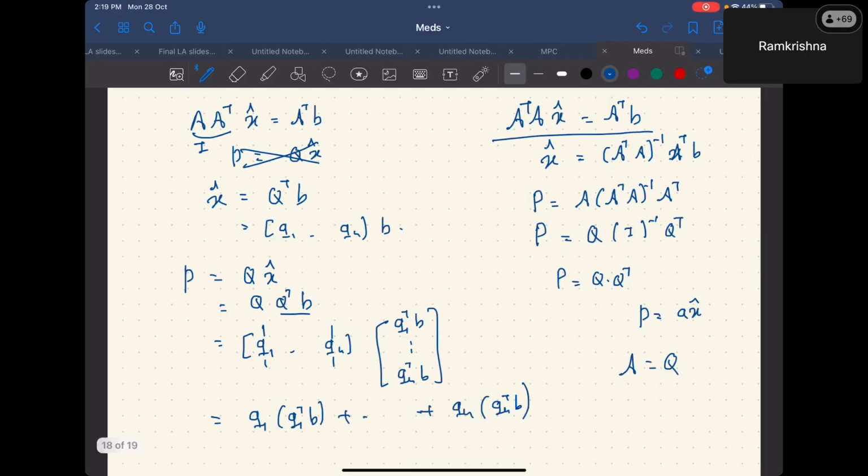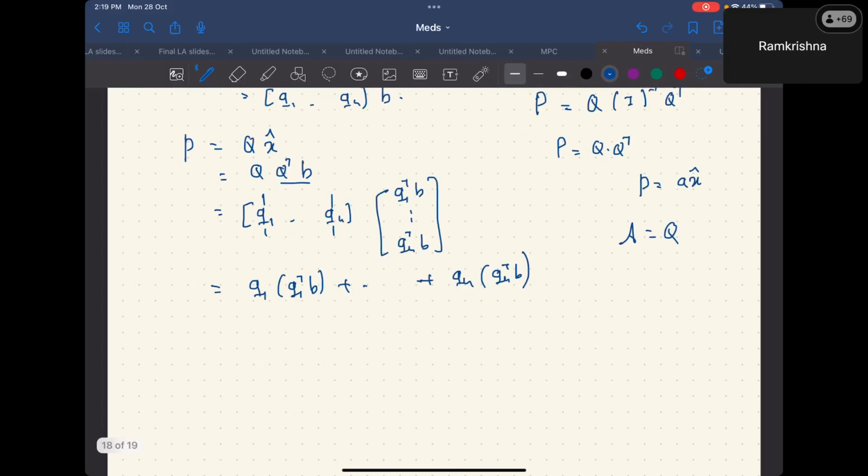Now somebody asked what happens when Q is square. Let's take a simple example. When Q is square, let me say that Q1 is 1, 0 and Q2 is 0, 1. These are orthonormal.